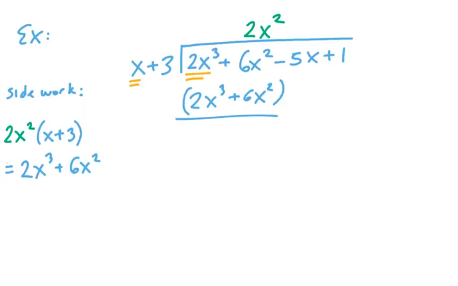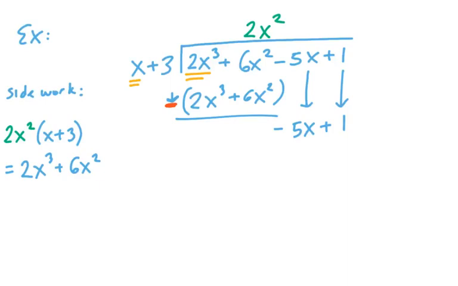Just like in the previous example, I'm going to highlight that subtraction, since it often gets forgotten. So 2x cubed minus 2x cubed is 0. 6x squared, remember the minus sign, minus 6x squared is also 0. That's not super exciting, but don't forget we need to drop down these other terms that we haven't touched yet. So the minus 5x plus 1 come down and give us a little more to do.